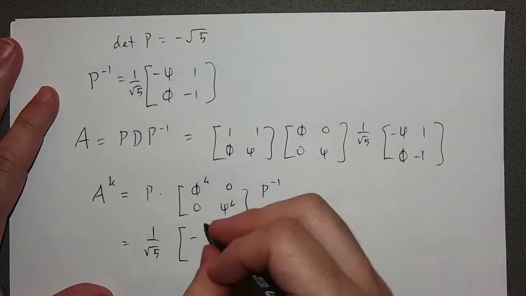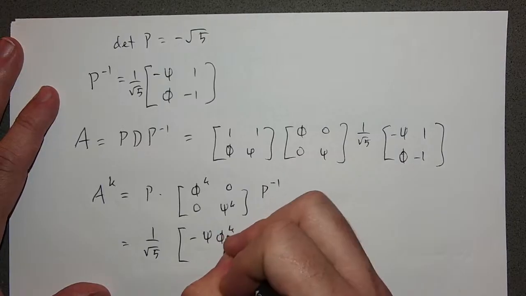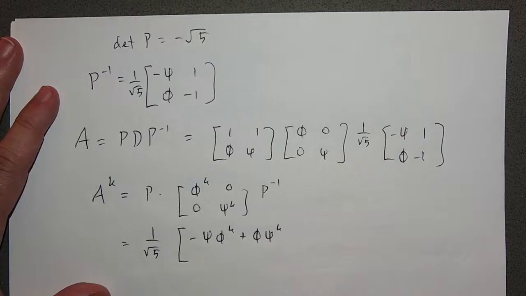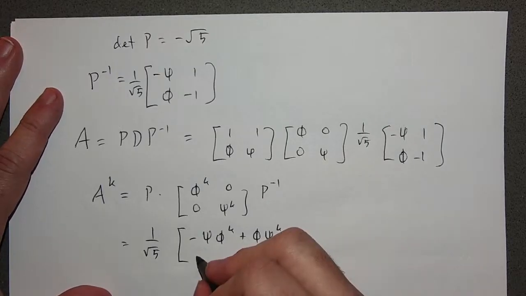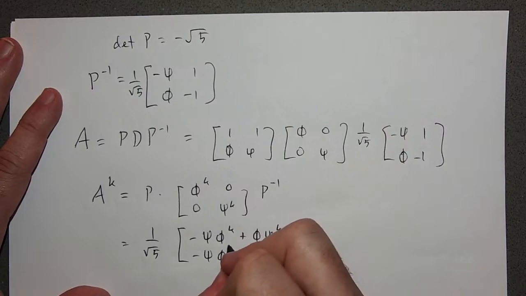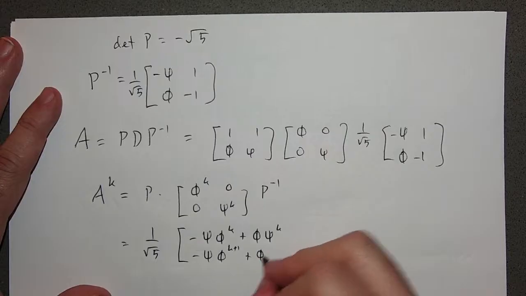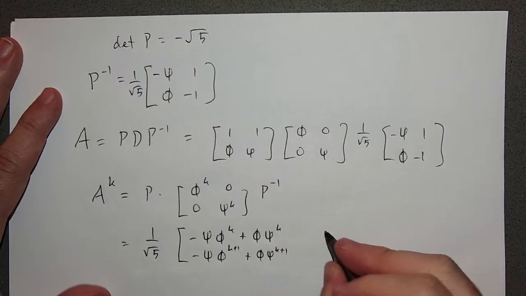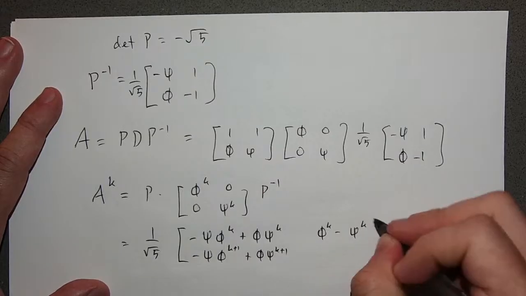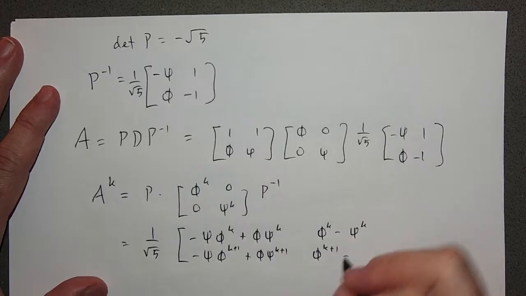Reading column-wise, the first entry is minus c phi to the k plus phi c to the k. Then minus c phi to the k plus 1 plus phi c to the k plus 1. Next entry, phi to the k minus c to the k, and last entry phi to the k plus 1 minus c to the k plus 1.